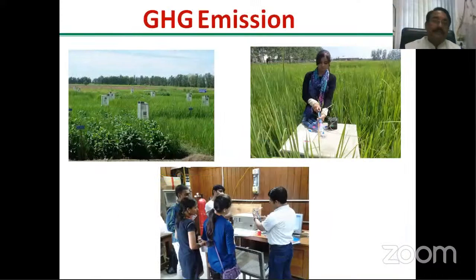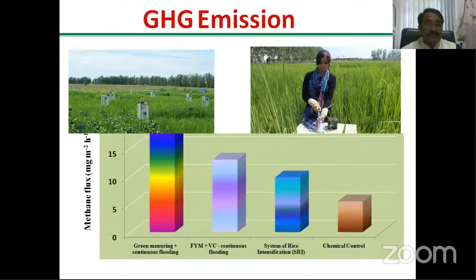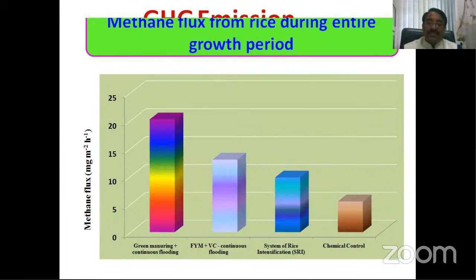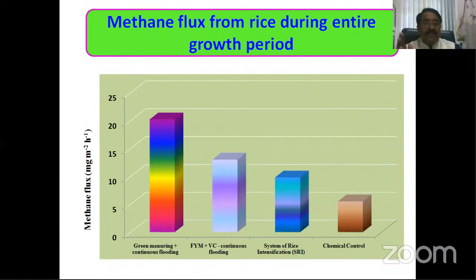Not only that, we have also analyzed the greenhouse gases. If you are initially doing organic, then even if you are adding green manure, the methane fluxes are more and methane emission is more. But simultaneously, we see the carbon cycle.